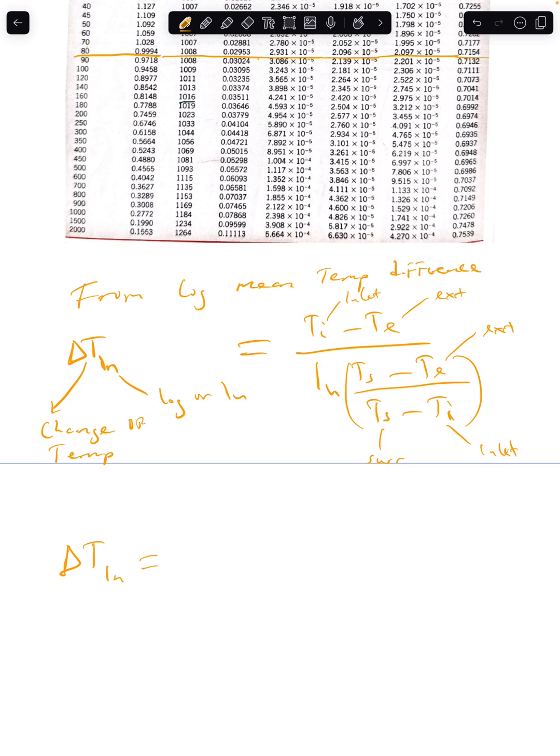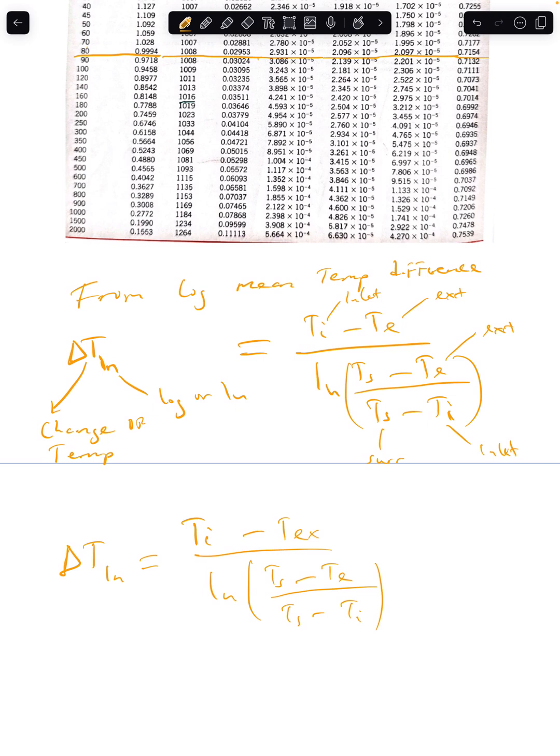That will become the temperature at the inlet minus the temperature at the exit, over ln of the surface temperature minus the exit temperature over the surface temperature minus the inlet temperature.